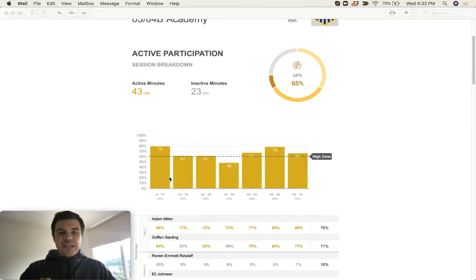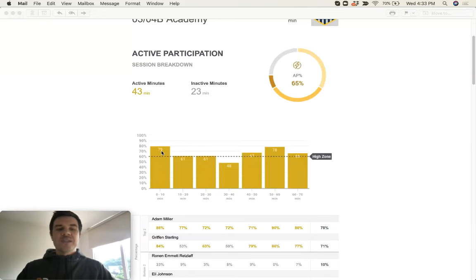Just beneath that, we give a 10-minute breakdown. This is a way for you as coaches to start reflecting on the story of how your session went, the flow of the session from minute 0 through to the end. We automatically chunk it into 10-minute blocks, and it paints a picture of where in your session you had the most activity versus the least.